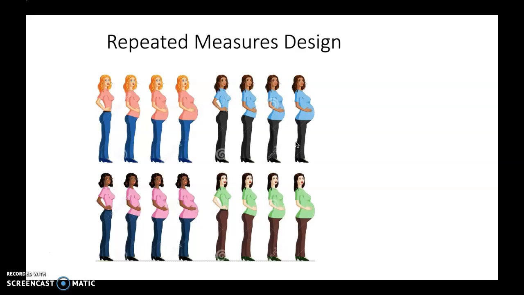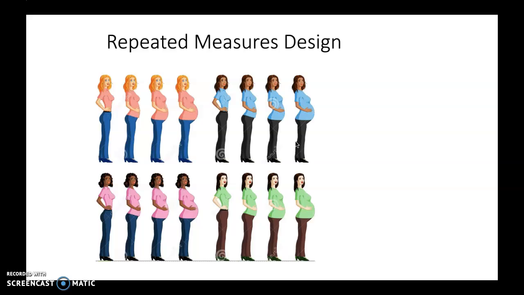A good example of a repeated measures analysis is, let's say, evaluating hormone levels at different stages of pregnancy across these 4 women. Your individual observations may not be independent of each other, because you are essentially sampling an individual participant in this study at multiple time periods.